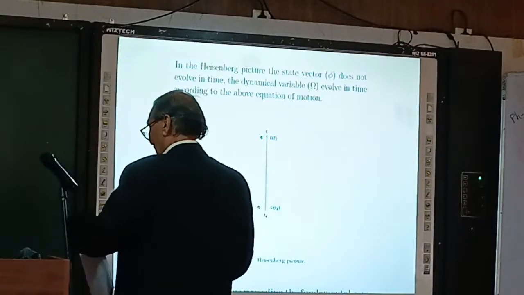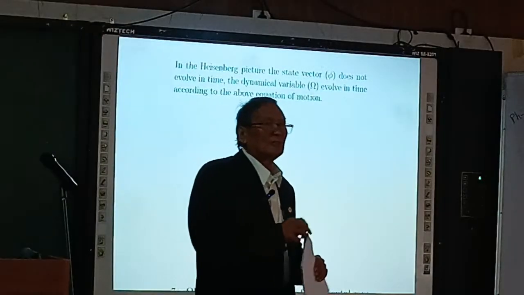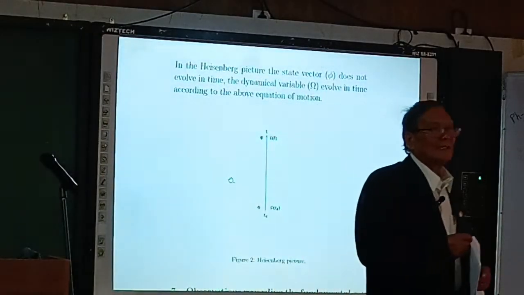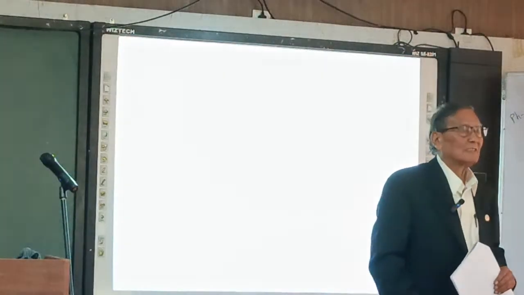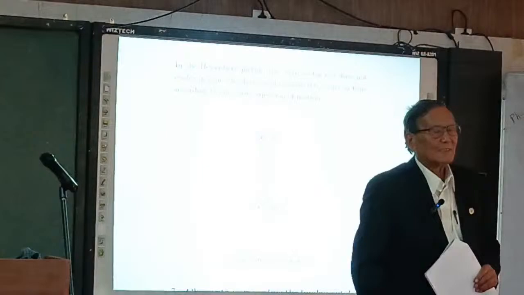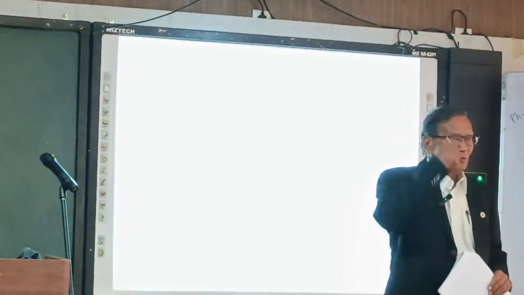Well, this is roughly the idea that quantum mechanics is formulated in a linear vector space, which is generally called Hilbert space. And in this Hilbert space, we develop two pictures.